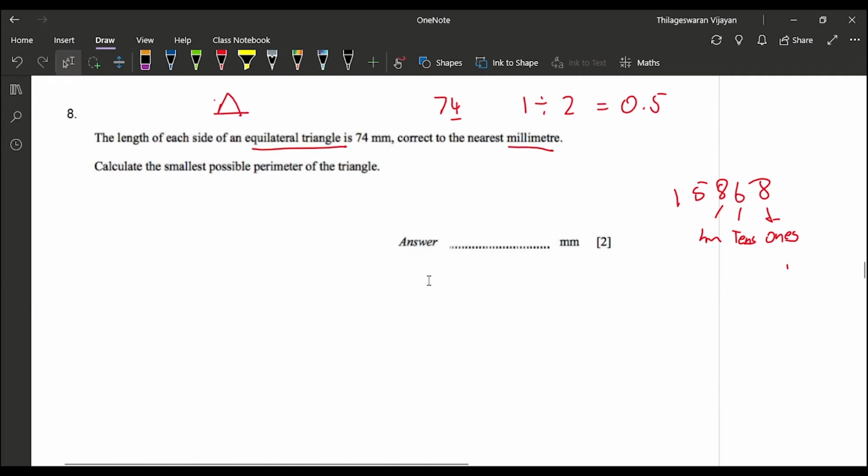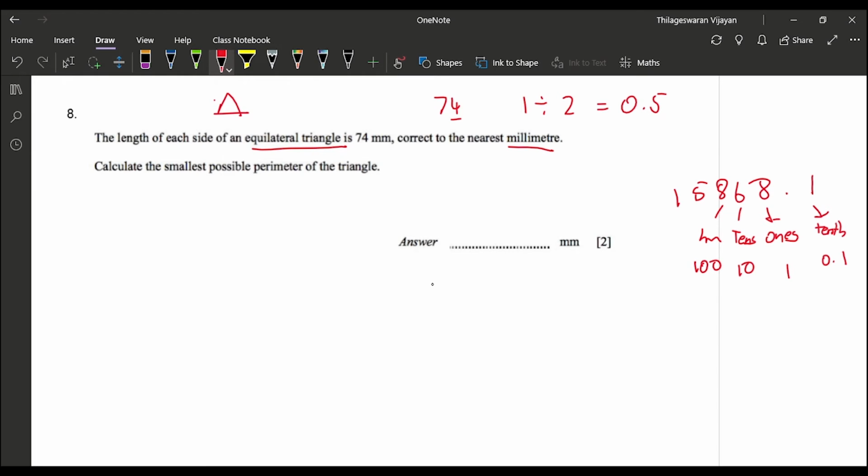Ones have a value of 1, tens have a value of 10, and this has a value of 100. So in this case, nearest millimeter is the last digit, therefore it has the value of ones. I hope that makes more sense, because every time you are calculating upper bound and lower bound, this is the first thing that you need to figure out. And if I had a decimal, this would be 0.1. We call this the tenths, right?